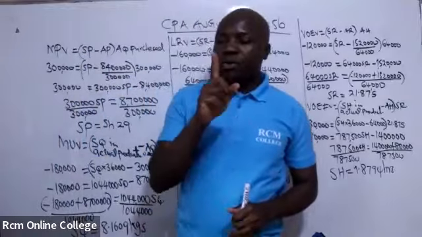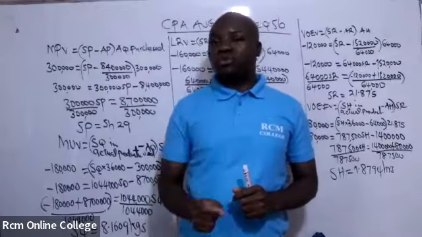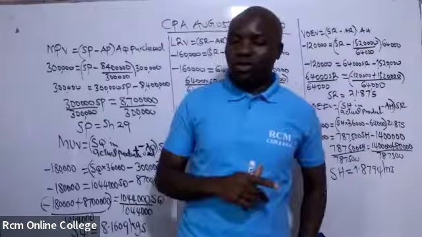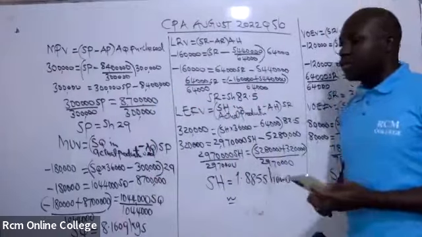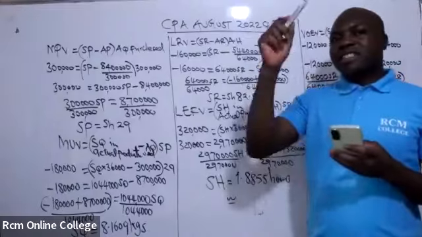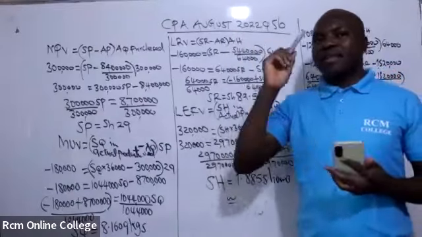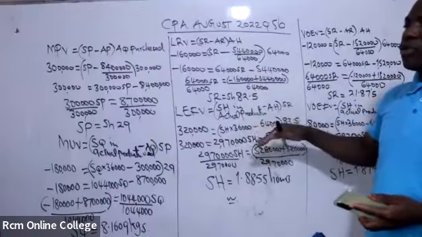Remember, we have not answered the question. What are we required to do? Please read it again on your own. Somebody might assume we have answered the question. No, we have not answered the question. Please read what is required. Required: standard cost card. What we have here are components of the standard cost card.